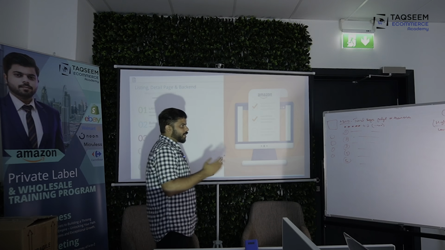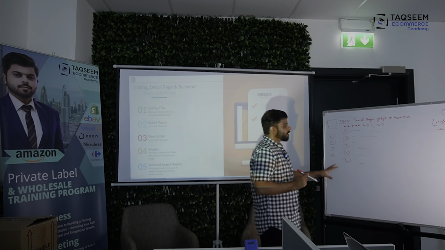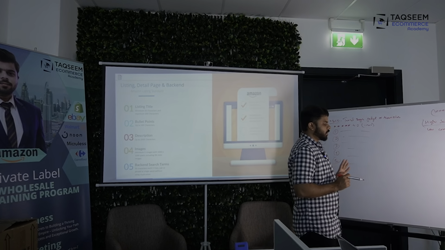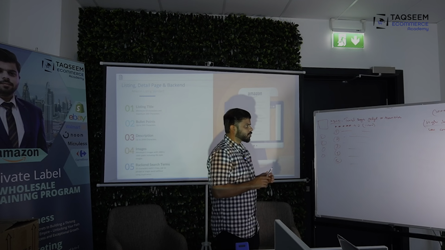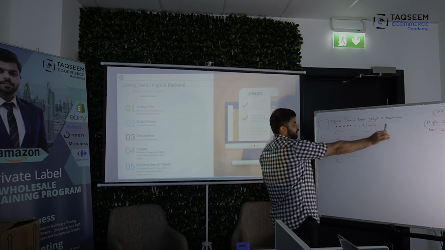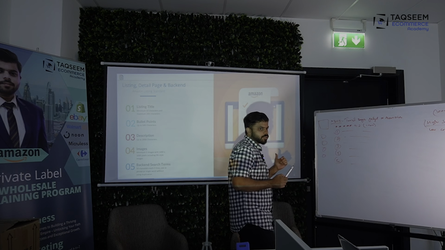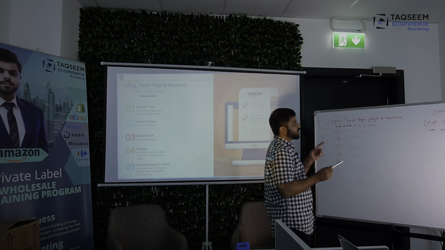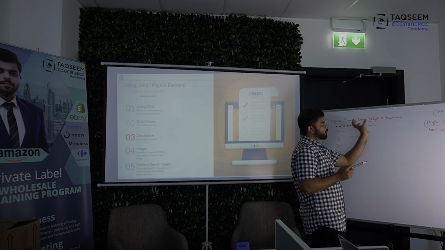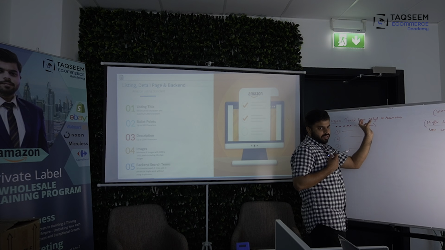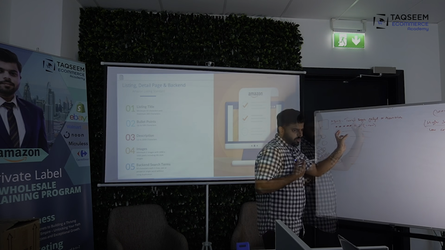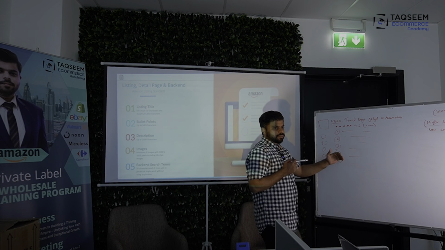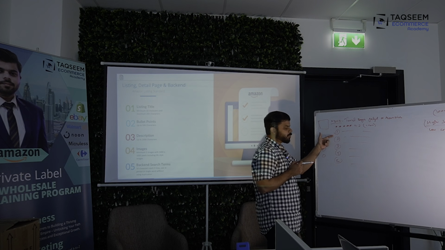What's happening right now, as I told you, is that a particular product can have over 1000 keywords. It's not possible to adjust every keyword in the title because you have limitations. So I add 2-3 basic primary keywords in the title, and the remaining ones I target in bullet point 1.